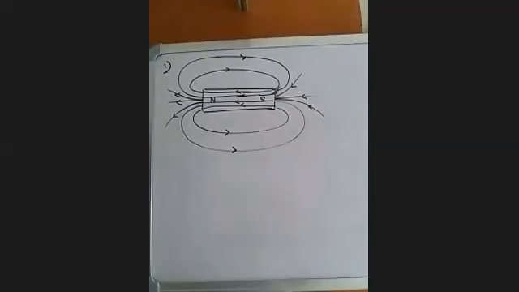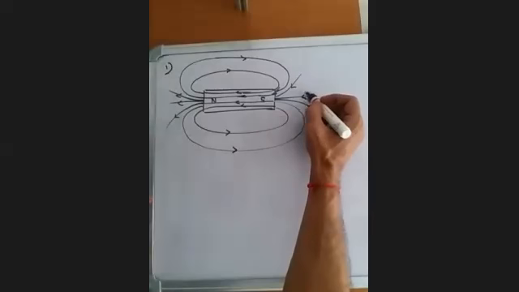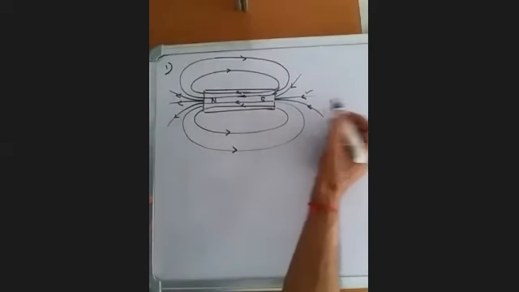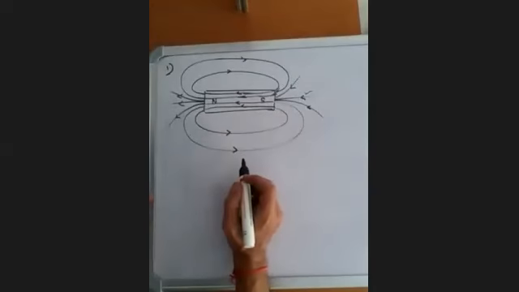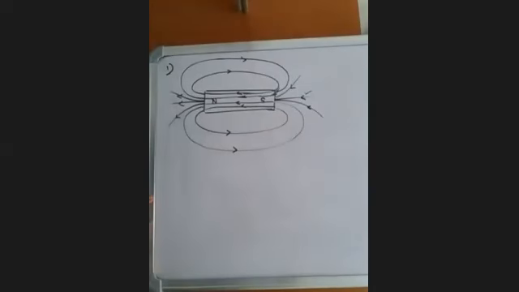Okay. So some of you have made mistakes at this place. At south, they have shown it coming out, and mainly the direction has been the problem with some of the students who have not got full marks. So this is question number one.